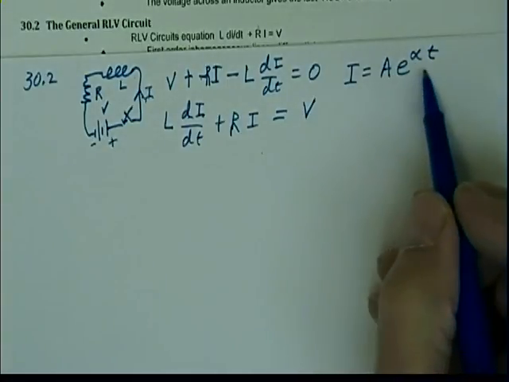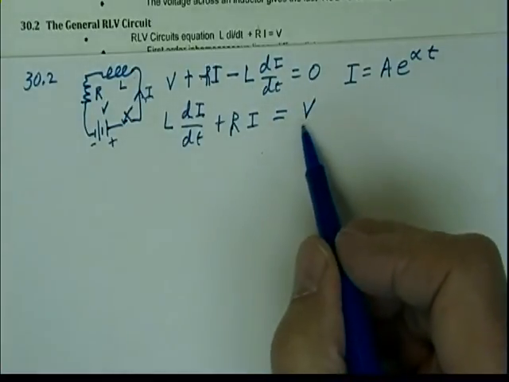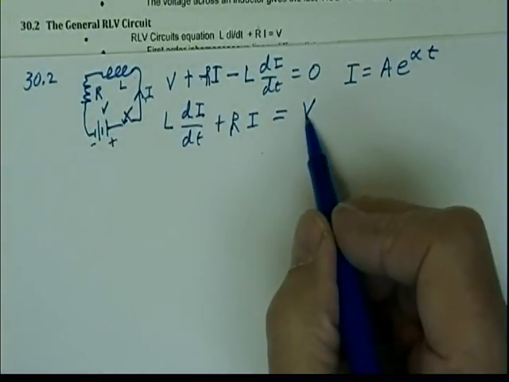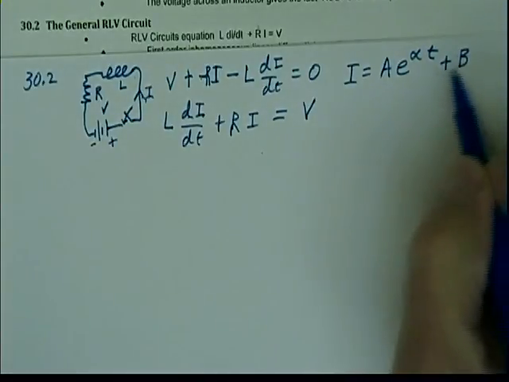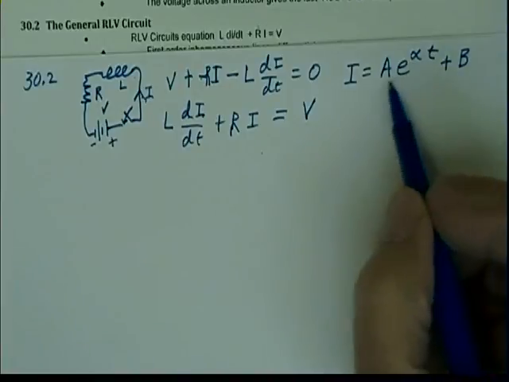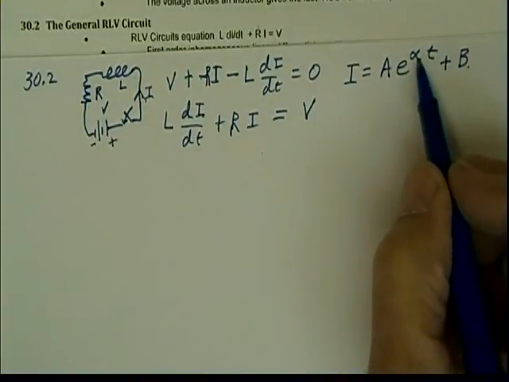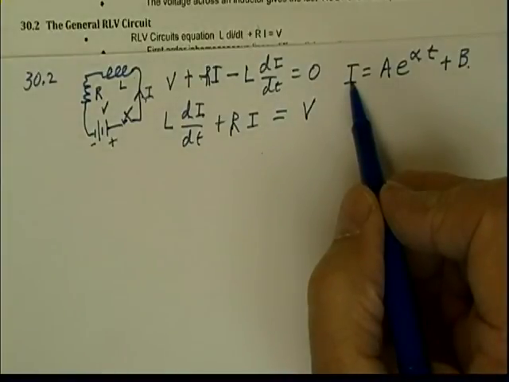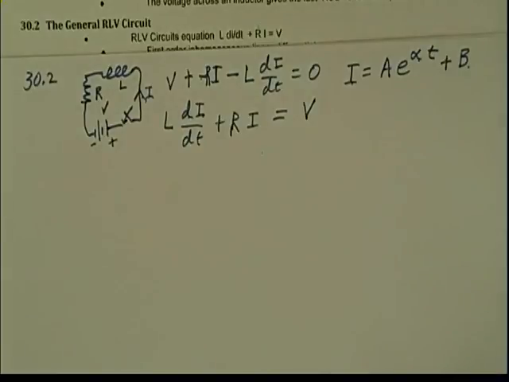In other words, you can always use an exponential to solve a linear differential equation. If it is inhomogeneous and has a constant on this side, we must add another constant to that. And then we have to say, for what constants, A, B, and alpha, does this represent a solution to this differential equation? Okay? That's what we're going to do now.